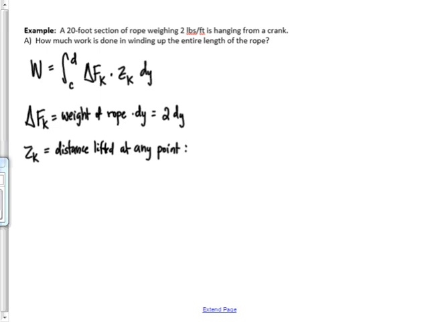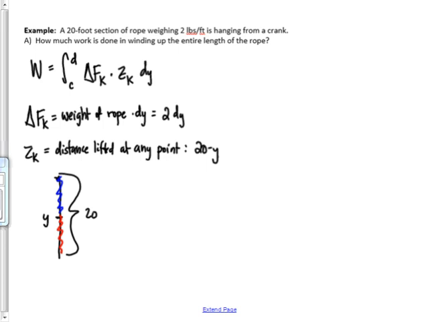That's going to be 20 minus y, because you've got this rope hanging, and you know the rope is 20 feet long. So at any point, if I want to know this part, I take the whole thing, 20, and subtract off the y, and that gets me how much I have lifted that end point up.